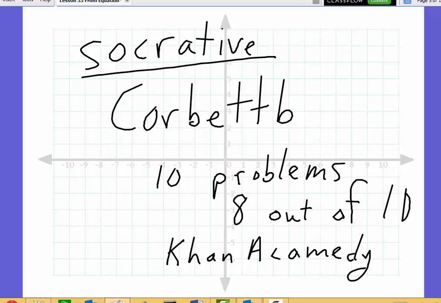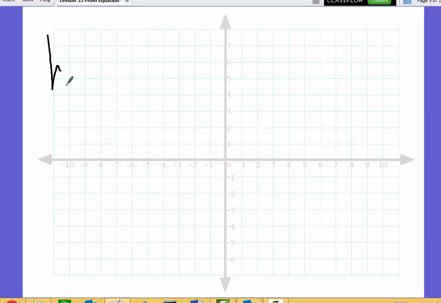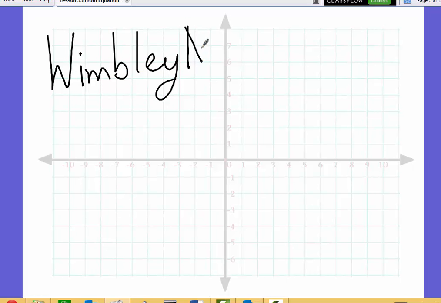For those of you, we had some confusion on Khan Academy yesterday. For those of you who are doing Khan Academy, remember it is Wimbley for your login, and then you'll look on the website, and it says number on our class links. It tells you your login is Wimbley number. You'll notice this is capitalized, number is capitalized. So what that's telling you is to spell out your Wimbley with the capital, and you're actually going to spell out the number with the capital.